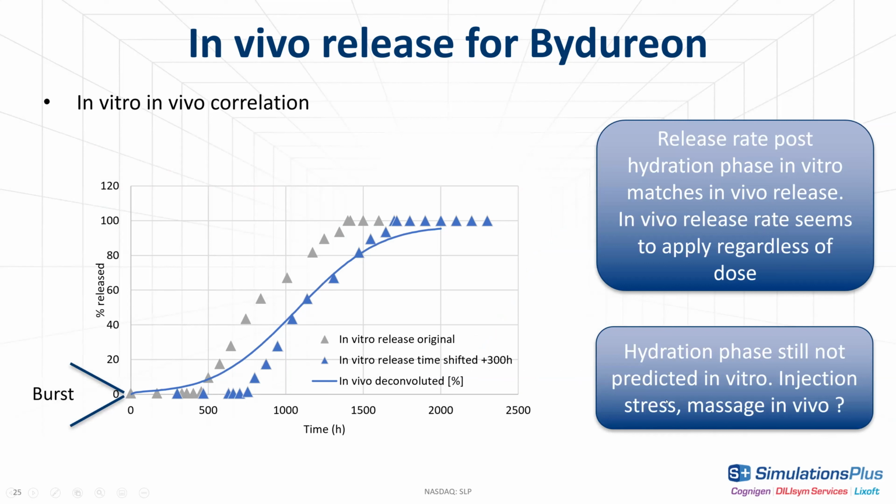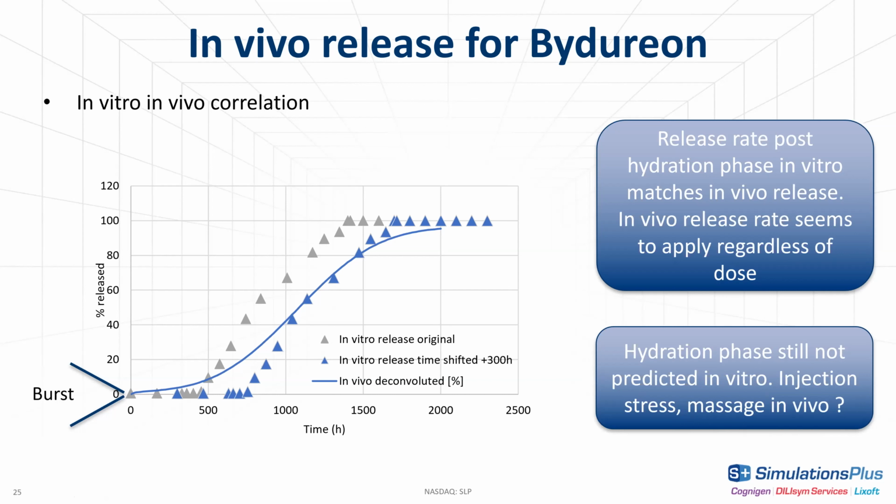And so that mismatch remains. However you shift it, you'll still have that discrepancy between in vivo absorption and in vitro release. And that could be due to other phenomena happening in vivo.